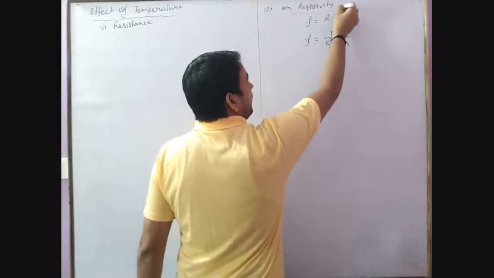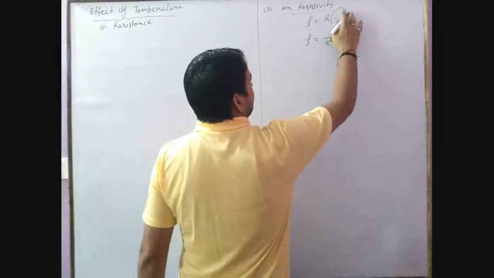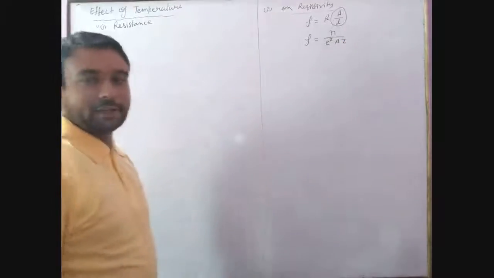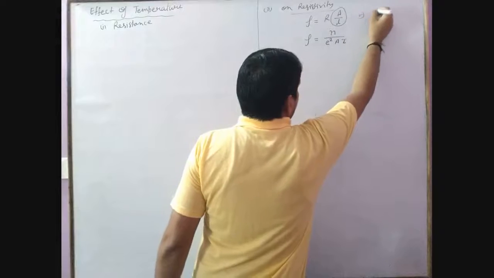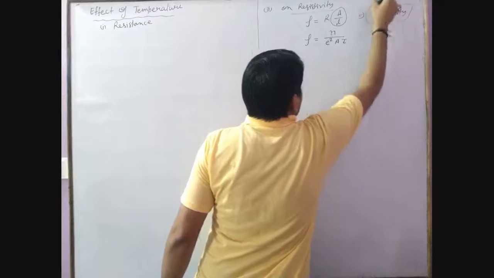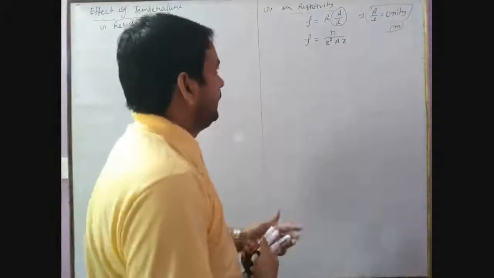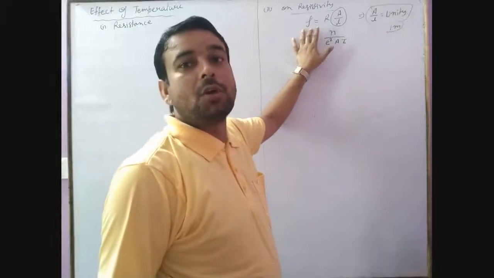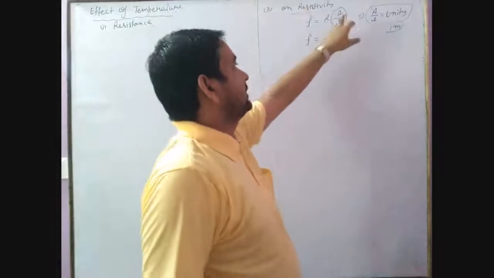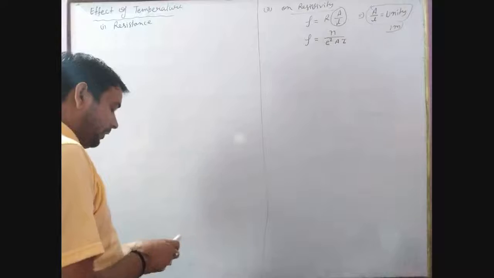Here, when we define the resistivity of a given wire, we define that the ratio of A upon L is unity, which means 1 meter. This simply means the resistivity of a given wire does not depend on the macroscopic characteristics of the given material, which means its dimensions, its geometry.